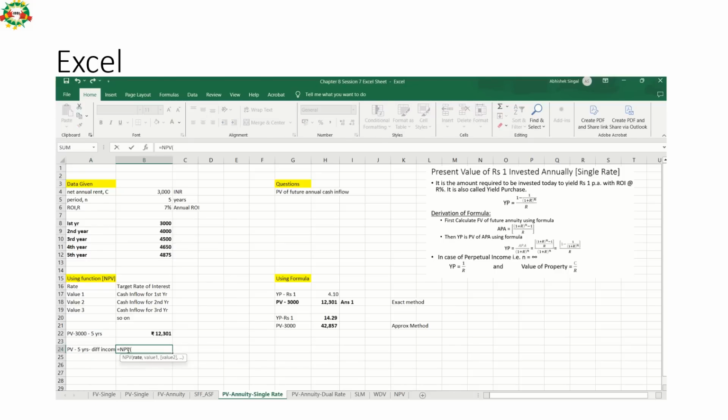NPV bracket 7%, and then first year cash flow is 3,000, second year 4,000, third year 4,500, fourth year 4,650, fifth year this amount. So you see, the present value of this different 5 year cash flow is 16,994. So you may get a little bit complicated question, and if you have access to these functions, it's very convenient to solve it with the help of Excel.